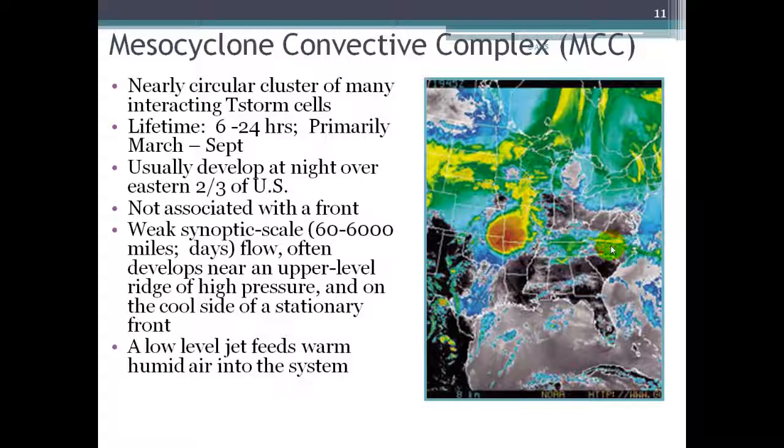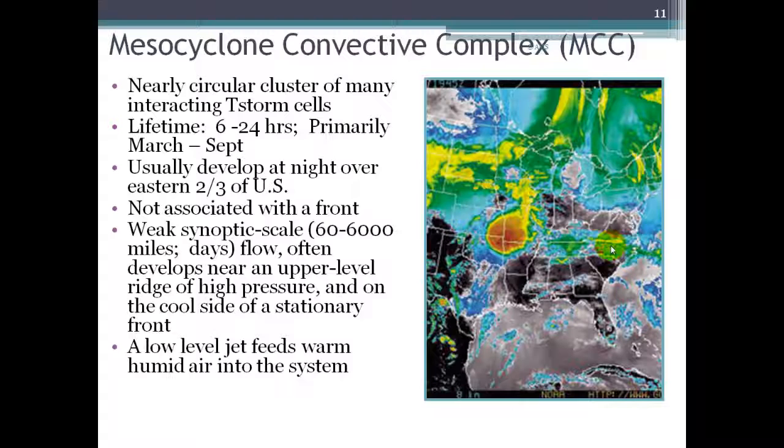They often develop at night over the eastern two-thirds of the United States. They're not associated with a front, but they are associated with conditions with a weak synoptic scale flow. Synoptic scale, remember, is 60 to 6,000 miles and lasts on the period of days. So maybe like a stationary front, for example.